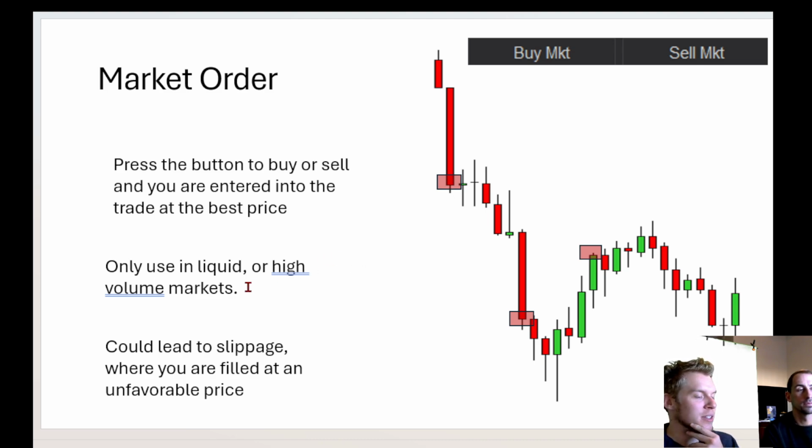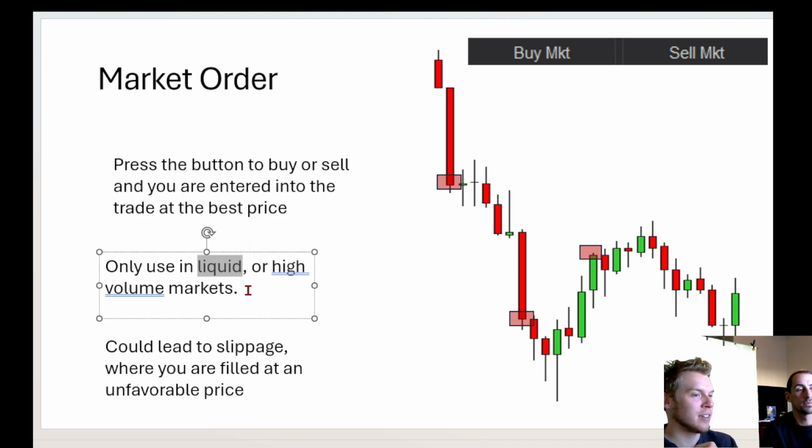The issue with this is it could lead to slippage, because when you're doing a market order, you're saying, I want to be in the market, I want to have a position now, find me the best price and get me in it. But that best price might not be actually a very good price for you. So this is why you only want to do this if the market is liquid, if there's lots of orders in it, lots of people, lots of volume.